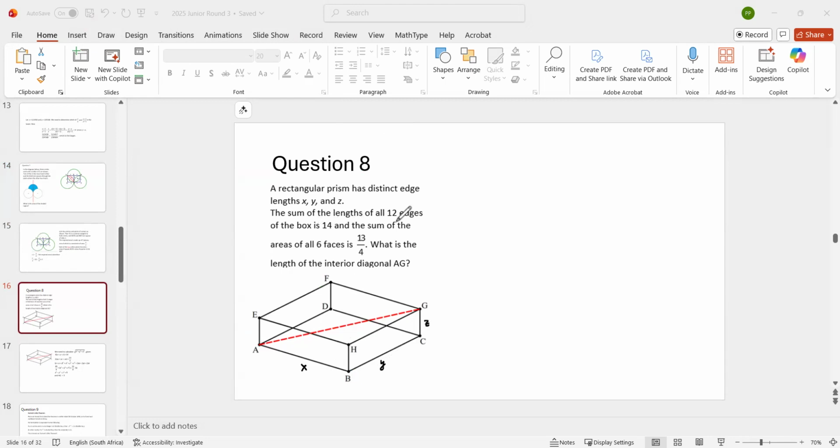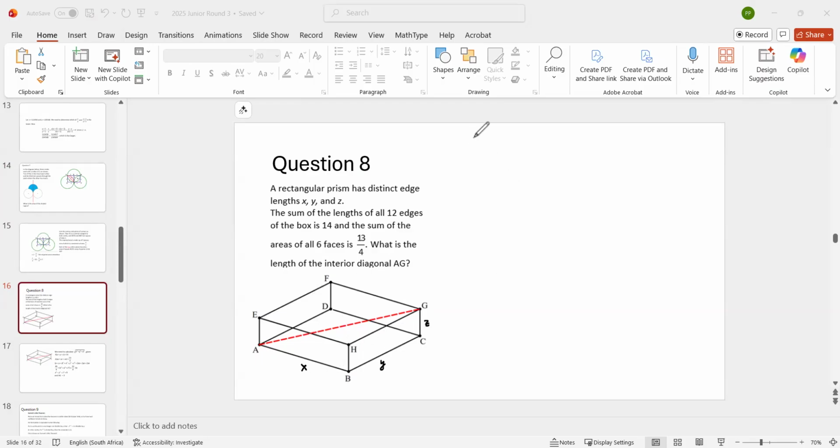Okay, the sum of all the lengths of all the 12 edges. Now, the 12 edges you've got, you've got these front and the back. That makes 4. And then you've got these 2, another 4, and then the vertical ones are 4. 4 vertical ones you can see. So there are 12 altogether. So let's work out the sum of all the edges in terms of x, y, and z.